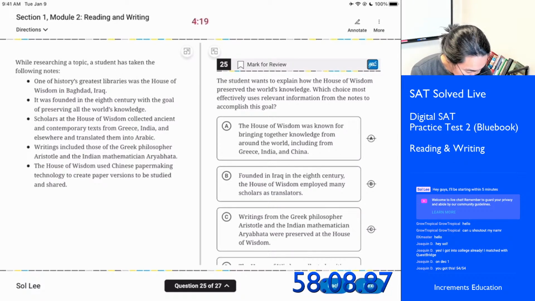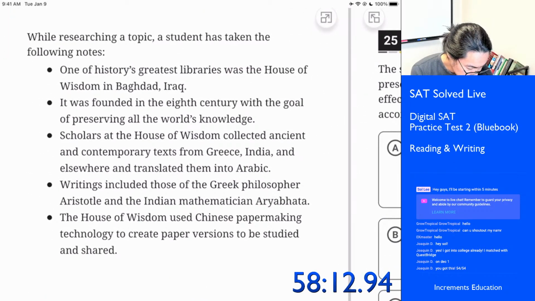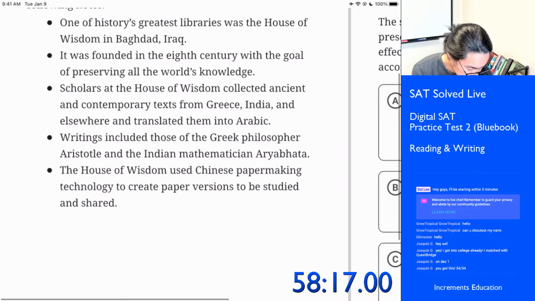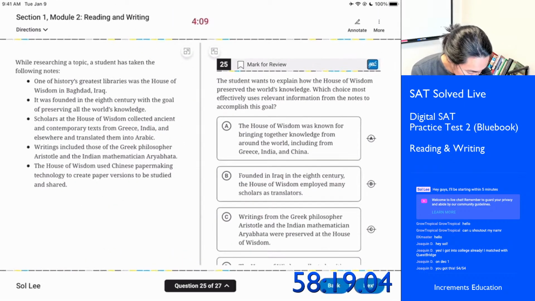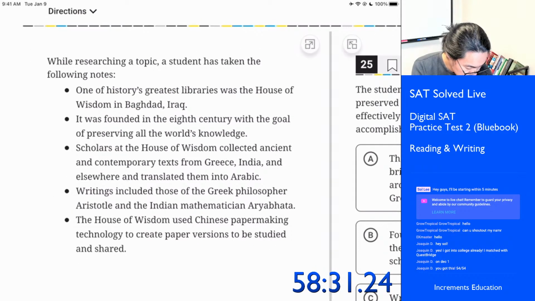Greatest libraries house. I'm gonna try just reading the left side first. Preserved with goal of preserving knowledge. Greece, India, Arabic. Translating to Arabic includes all these people. Chinese paper-making technology. Okay. How they preserved the knowledge? How did they do it? They used paper, Chinese paper, and they translated them into Arabic.